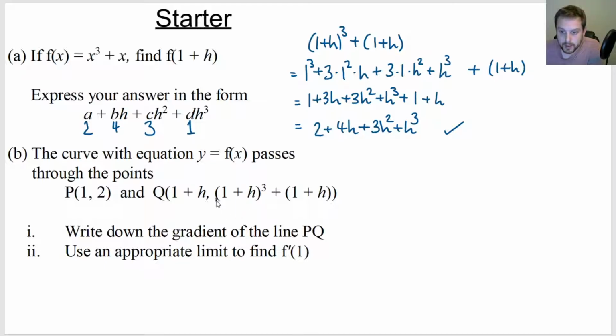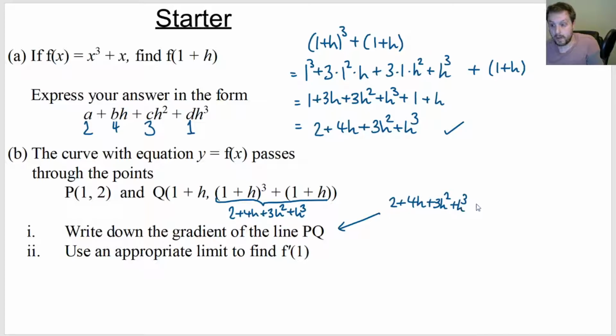Right, so this is actually what this thing equals, isn't it? It's 2 plus 4h plus 3h squared plus h cubed. So this gradient then is the difference in the y's. So it's 2 plus 4h plus 3h squared plus h cubed, take away 2.